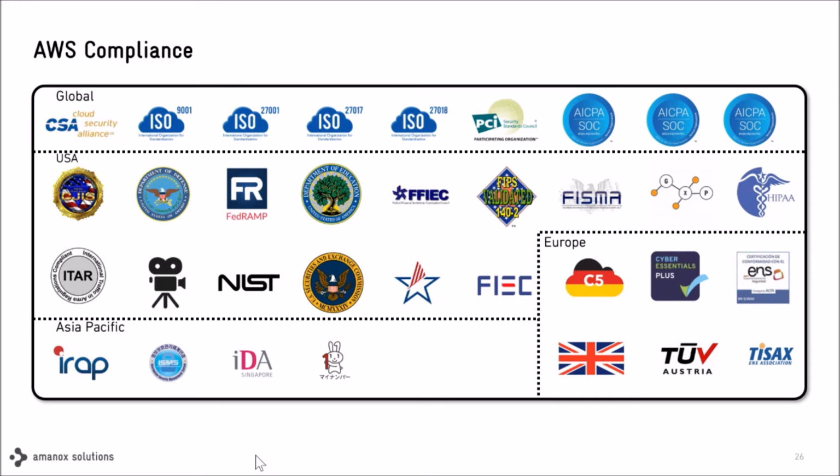So whether it's SOC auditors providing details on AWS control implementation, or federal governments like the US and Australia accrediting AWS services, or certifications towards industry standards like PCI or HIPAA, AWS often has the compliance you need to build your workloads on a secure foundation.